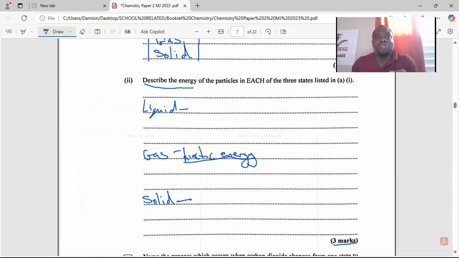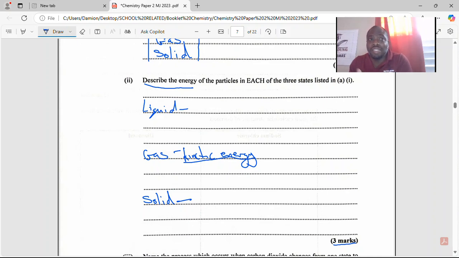So how would we describe the energy of the particles in a solid? If you tell me that the particles in a solid vibrate, you're not talking about the energy. Sir, they have low kinetic energy. Wonderful. And so they vibrate, if you want to add that, in a fixed position. Closely packed, if you want to talk about that.